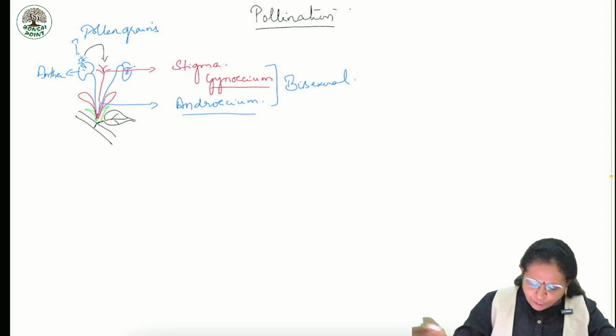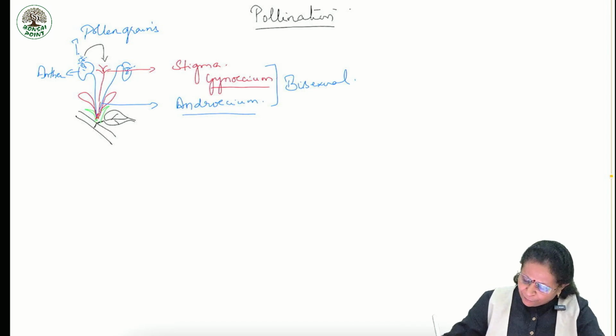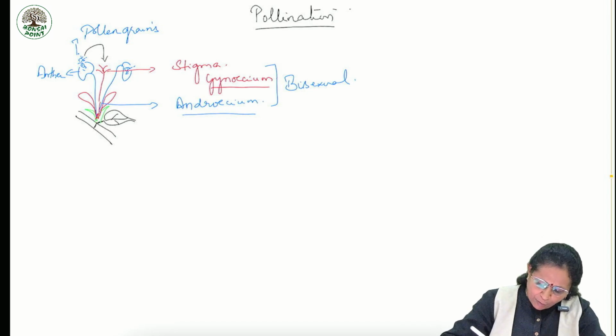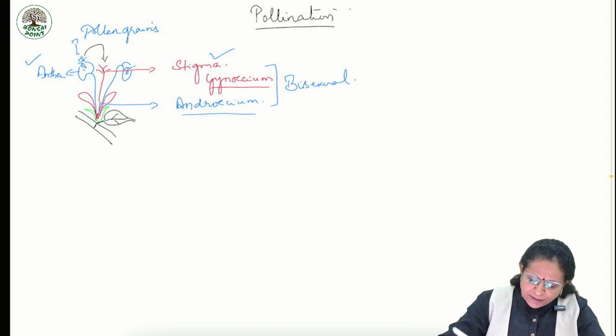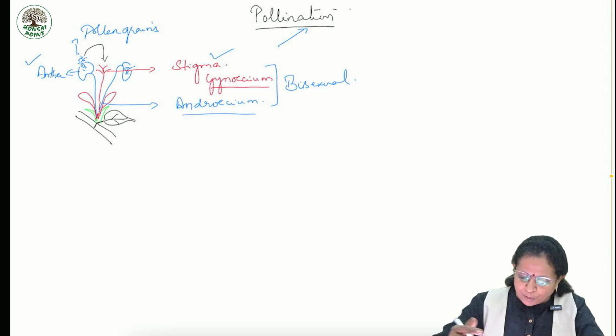So, transfer of pollen grains from the anther onto the receptive stigma of a flower is said to be pollination. Same definition holds good for one of the types of pollination.